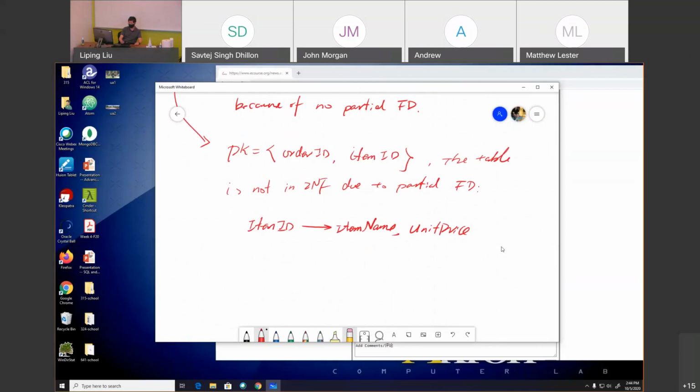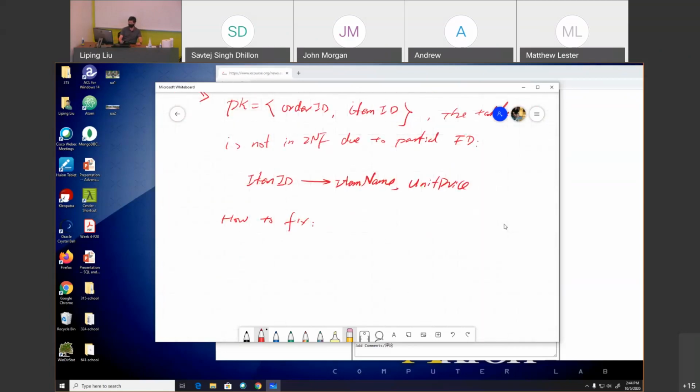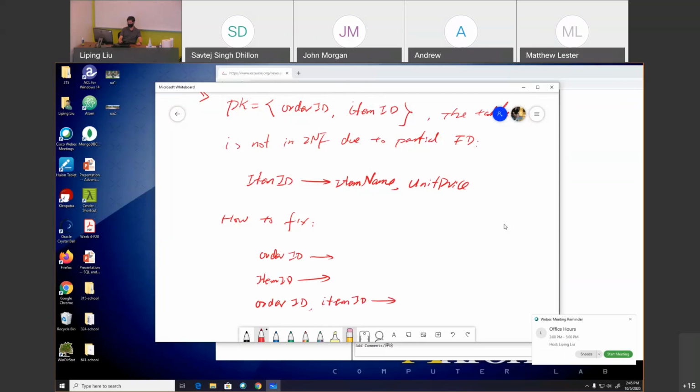So how to fix second normal form? Let's do it again. We are going to write every part of the primary key: auto ID, and then item ID, and then both together.